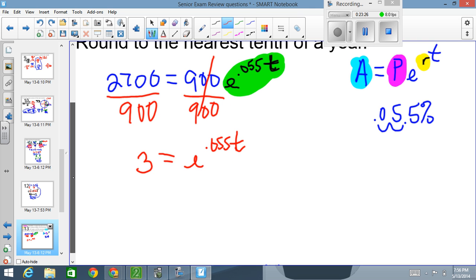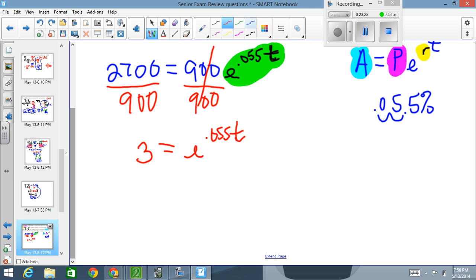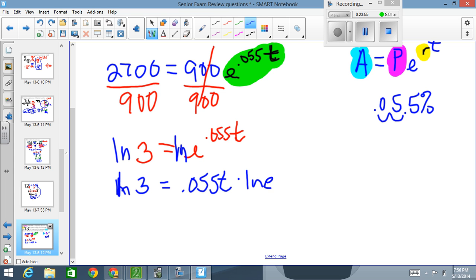Now, before you're allowed to bring that exponent down, this is the point where we have to get that exponent down onto Earth so we can use it. That's what the natural log does for us. Both sides. So we have the natural log of 3 equals 0.055t times the natural log of e.